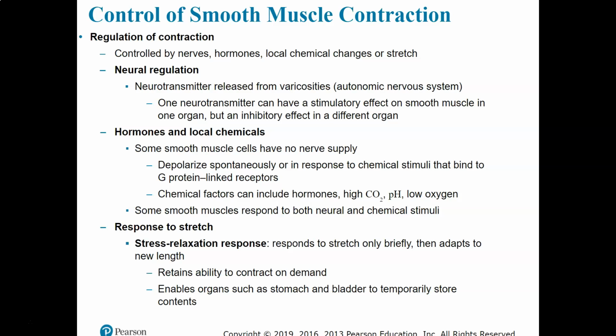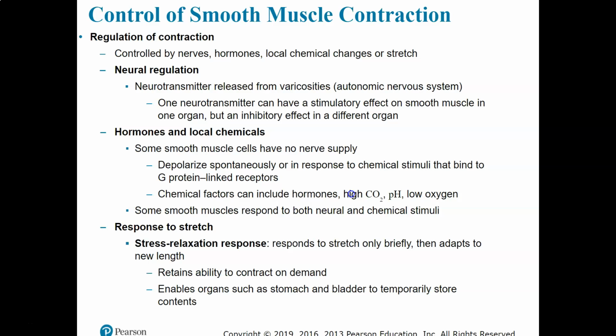For example, we want some organs to become more active when we're in a stress response and other organs to become less active when we're in a stress response. So we release the same neurotransmitter when we are stressed out, but we want two different organs to respond differently.